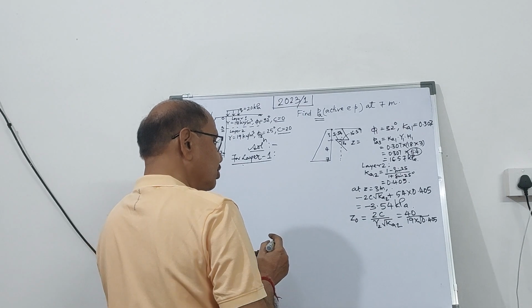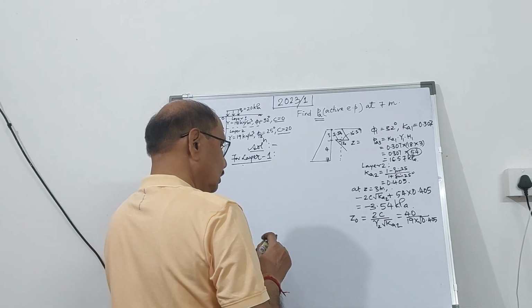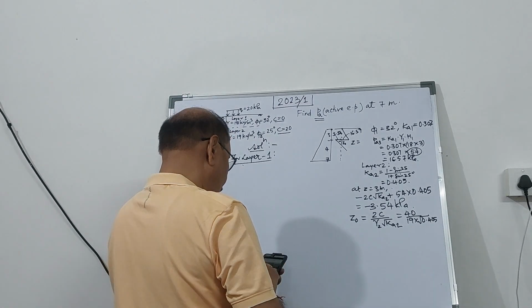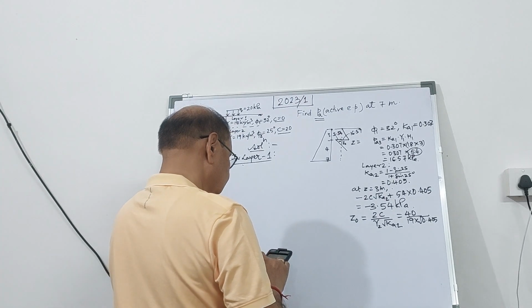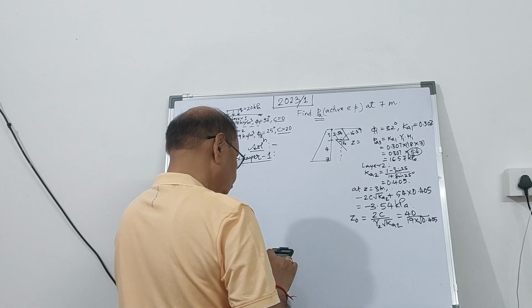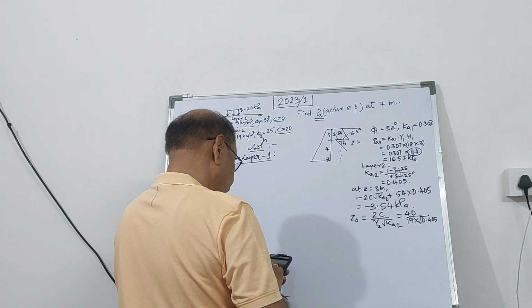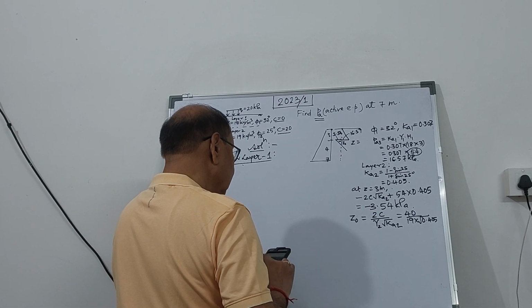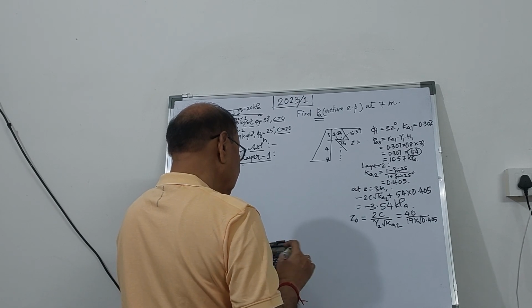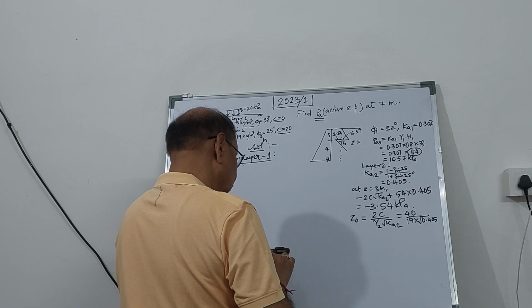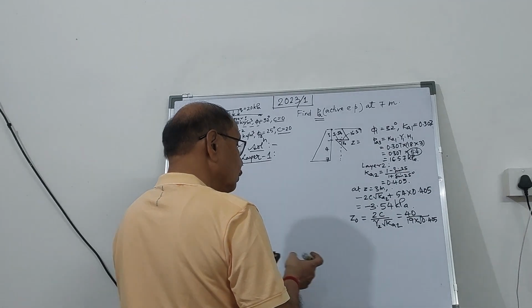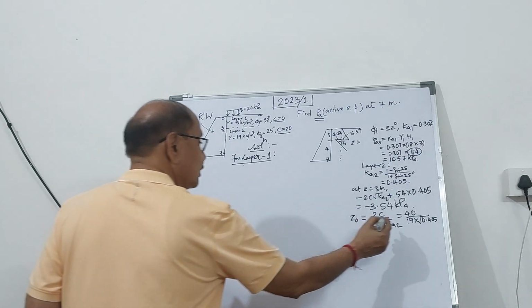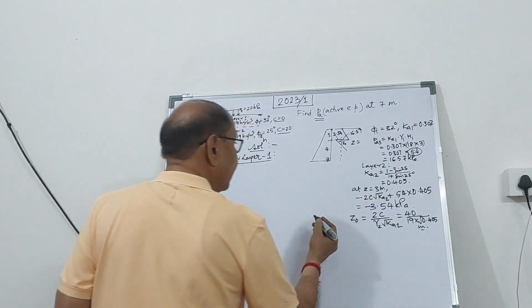So Z0 can also be found out. You can calculate this quite easily, and this can be calculated in meter.